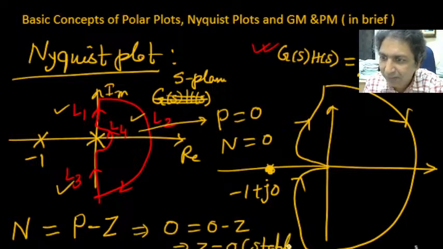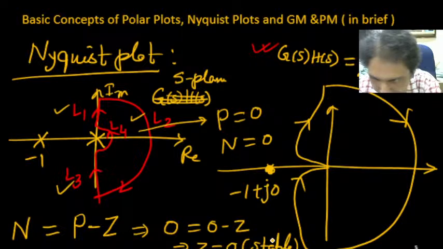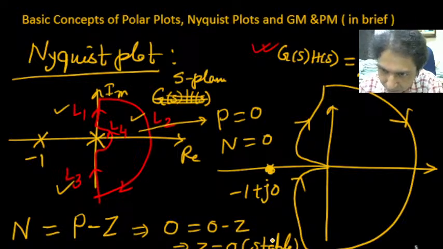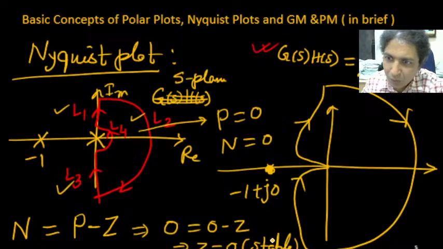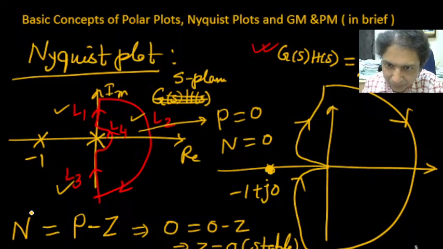So in this case, this system is stable. Okay, I think you have got this concept. I will solve a few problems. Now what are the gain margin and phase margin? That I will discuss along with the problems. Okay, so let me start with the problems.